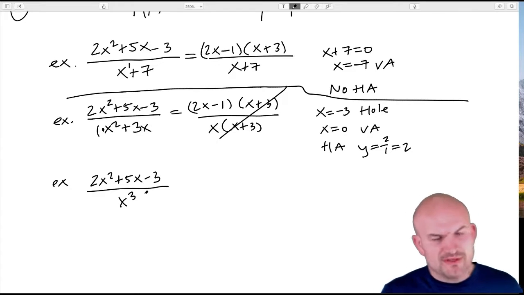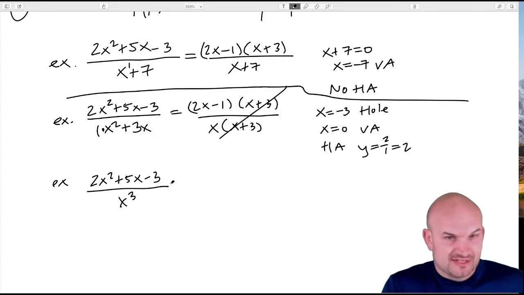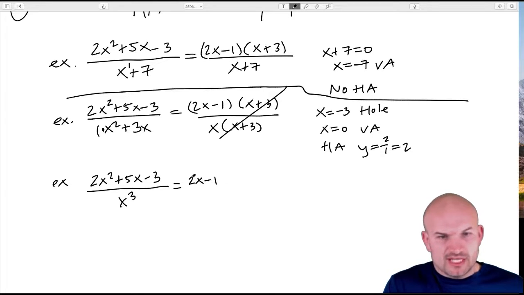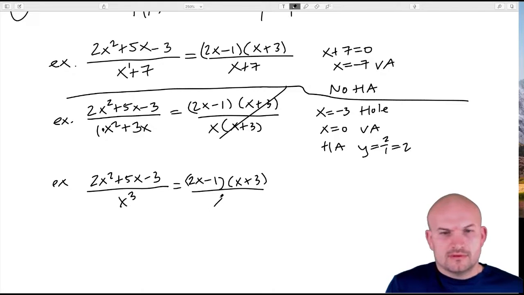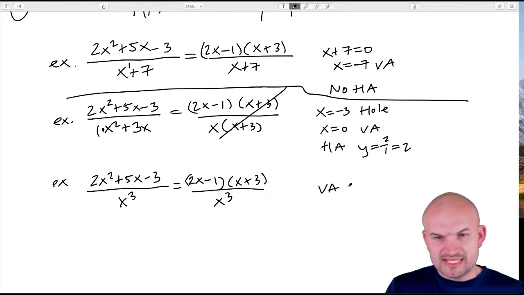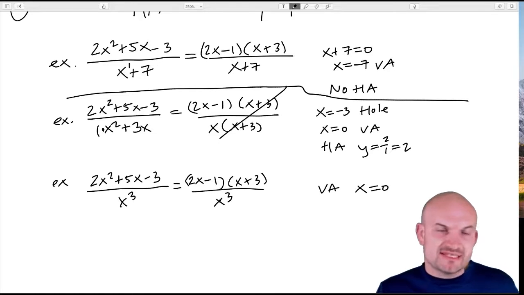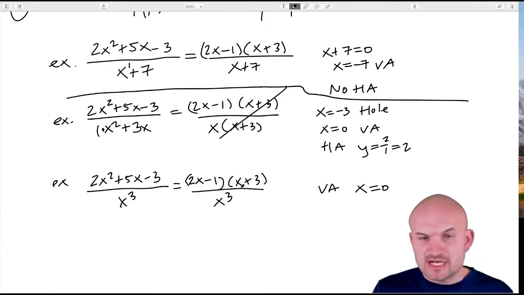Let's just do x cubed. So again, we notice that nothing's going to divide out this x cubed, right? You could factor this out, but nothing's going to divide out. But again, it's still kind of helpful to look at it that way. So again, nothing divides out like it did up here. Therefore my vertical asymptote in this case is going to be at x equals 0, because when x is equal to 0, that makes the denominator 0, so the value is undefined.